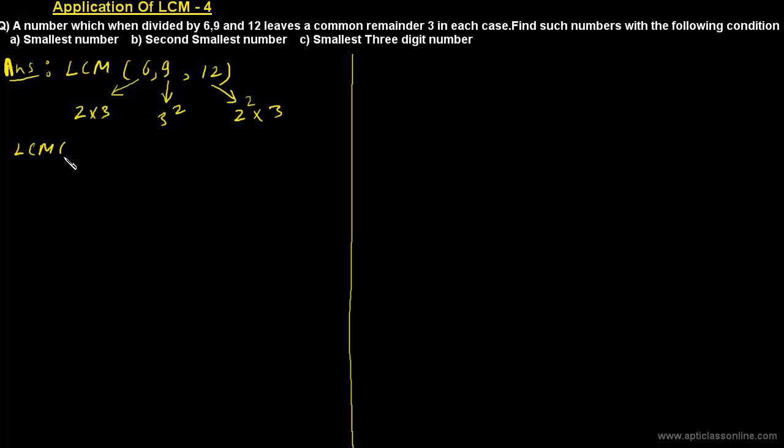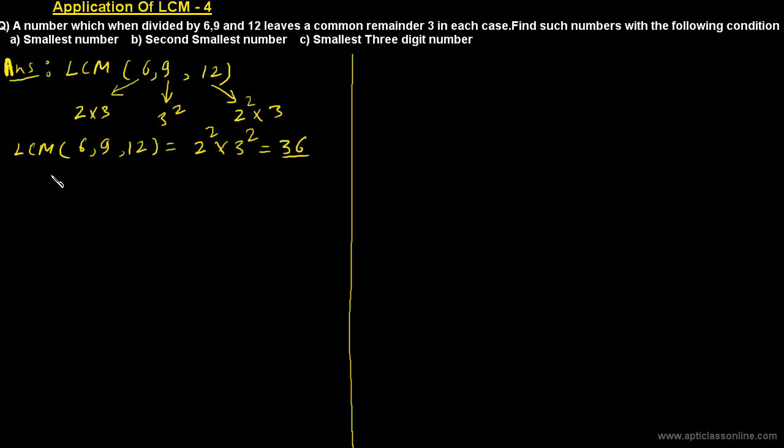So the LCM will be 2 square into 3 square, that is 36. So 36 is the smallest number which is completely divisible by 6, 9 and 12.